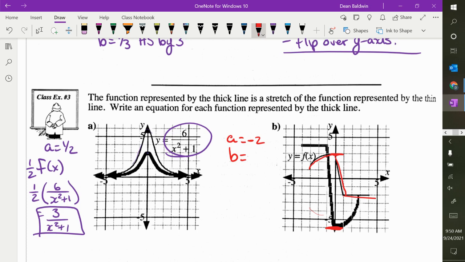No. But it's not 0. What did I do horizontally? I flipped it, right? So I flipped it this way and expanded it, and then I flipped it that way. So B has to be -1. And they don't give us the equation, so we just write -2 f of negative. You could write -1 x. I'm just going to write -x.